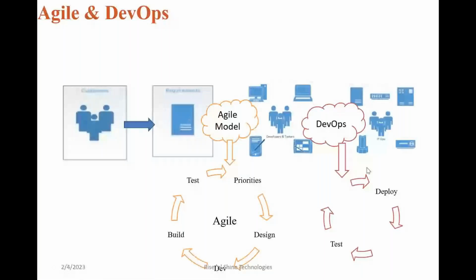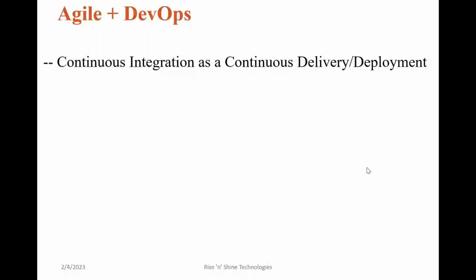If you combine both Agile and DevOps, continuous integration as a delivery or deployment, that is the final conclusion. Why are we talking about all these things: integration, delivery, deployment? Because in total they use two methodologies or process models. One is Agile, the second one is DevOps.